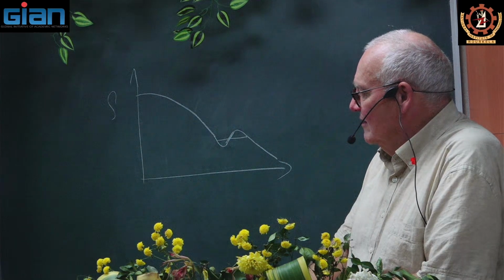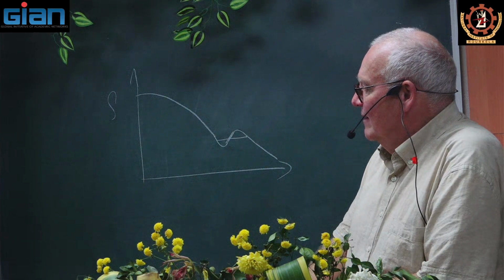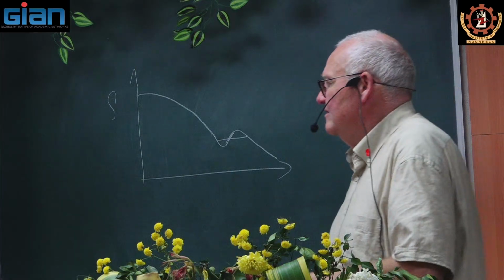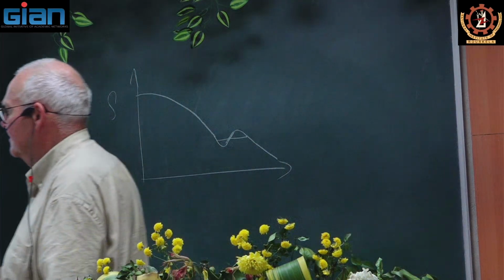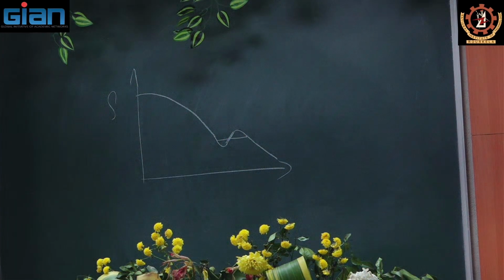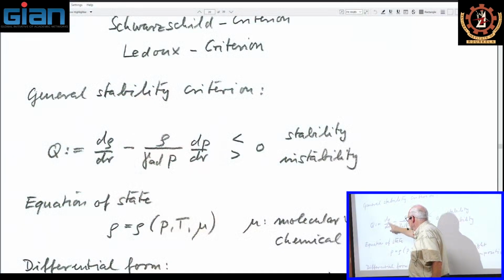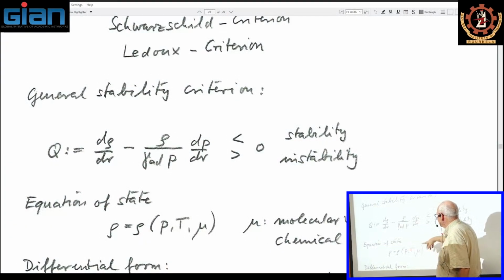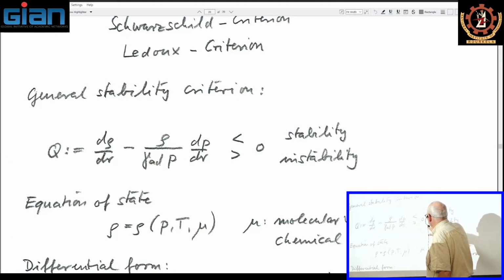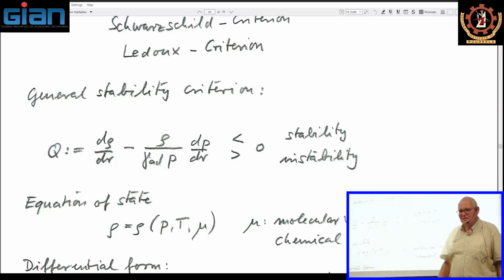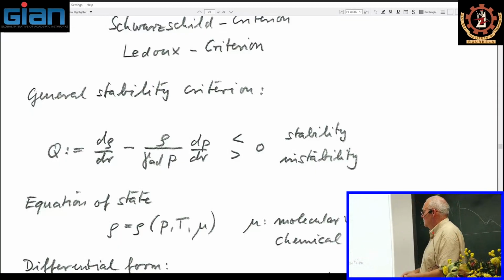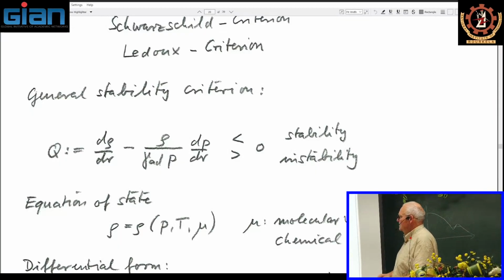So let us derive the stability criterion in its common form from the criterion we have found. The quantity Q, this was d rho by dr minus 1 over sound speed squared times dp by dr, needs to be smaller than 0 for stability and bigger than 0 for instability.